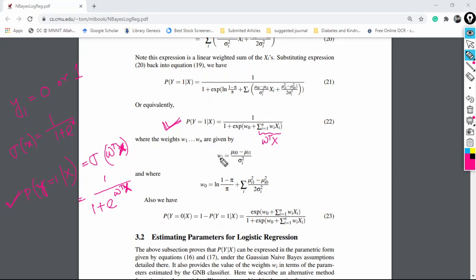So what is W0? W0 is nothing. In the past lecture we assumed that our plane is passing through the origin. If our plane is not passing through the origin, then what will be the equation of the plane? W transpose X plus B. But we assumed the plane passes through the origin, so B is equal to 0.